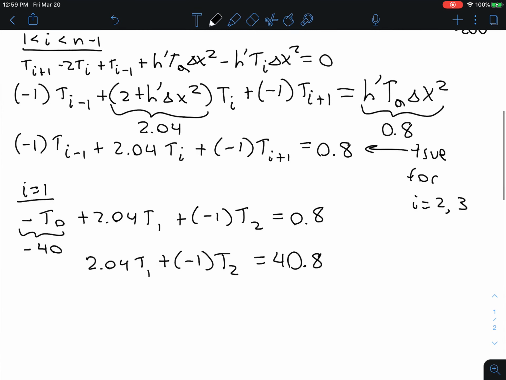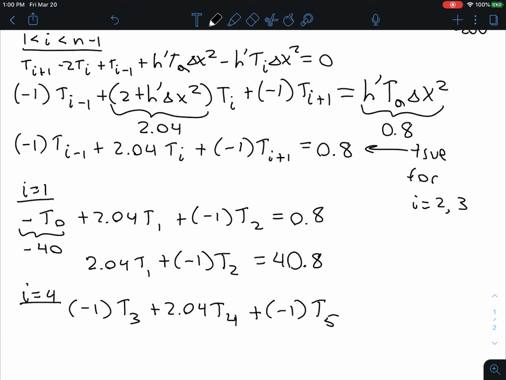In the case of i equals 4, we're going to have negative 1 T3 plus 2.04 T4 plus negative 1 T5 equals 0.8.